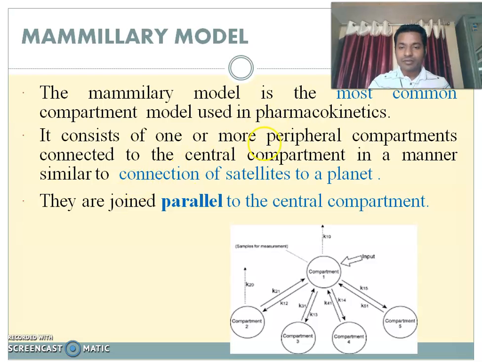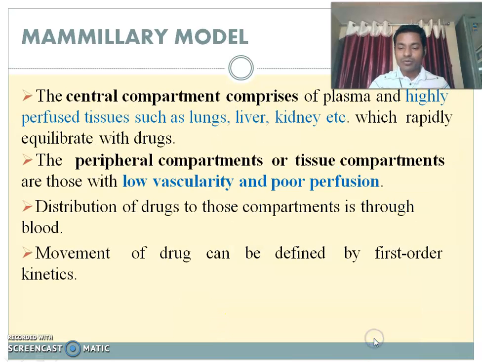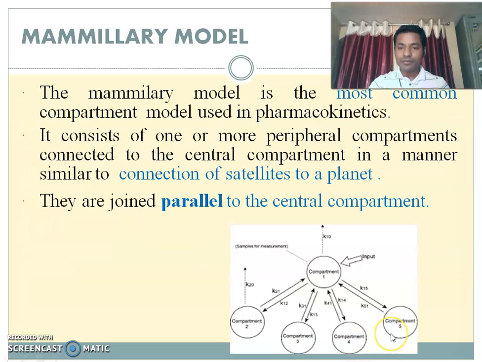In this figure you can see at the center there is a central compartment and the other compartments are peripheral compartments, 2, 3, 5, right? One compartment is the central compartment, right? Another compartments are connected to this central compartment. These are the peripheral compartments. And they are joined in a parallel way, right?